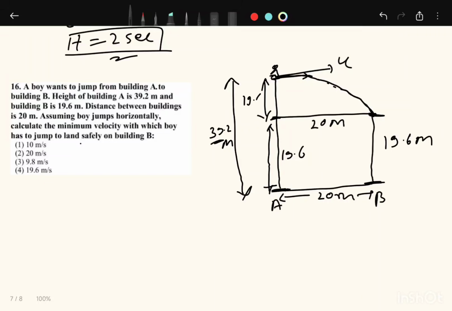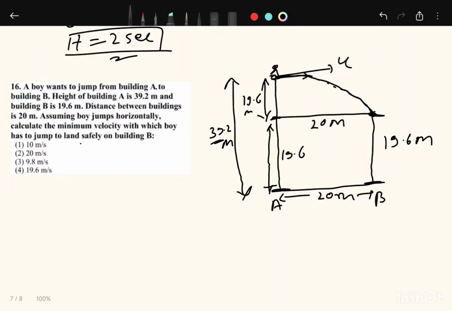This will also be equal to 19.6 meter. Right. So now we have the height. Okay. So which means we have the y direction displacement. Okay, the vertical displacement of the boy when it reaches the building B top, right here. So we have this value.